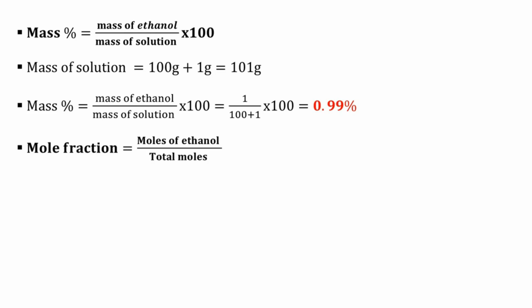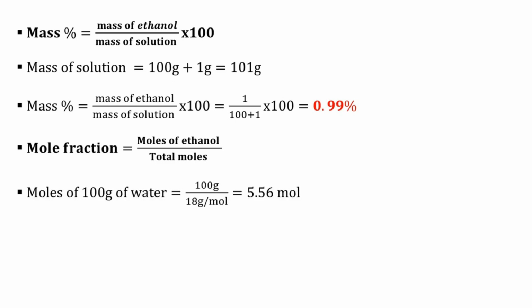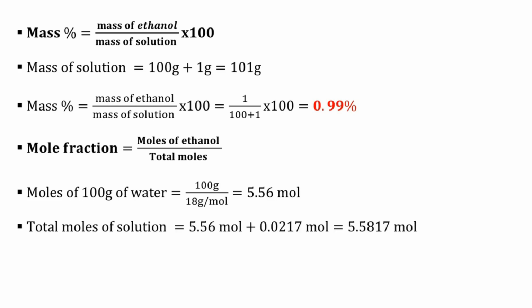We need also to calculate the mole fraction. Mole fraction is equal to the moles of solute divided by the total moles. In this case, we have moles of ethanol divided by the total moles. We have calculated the moles of ethanol. What we need is to calculate the total moles, which is the moles of ethanol plus moles of water. For the moles of water, we take 100 gram, the mass of water, divided by 18 gram per mole, the molar mass of water, and you obtain 5.56 moles.